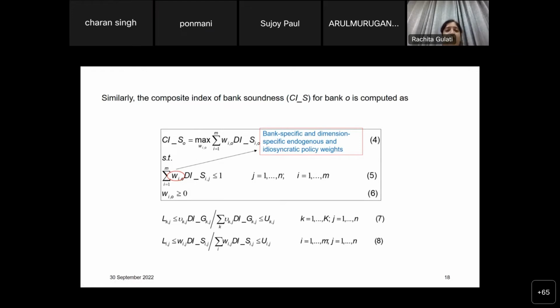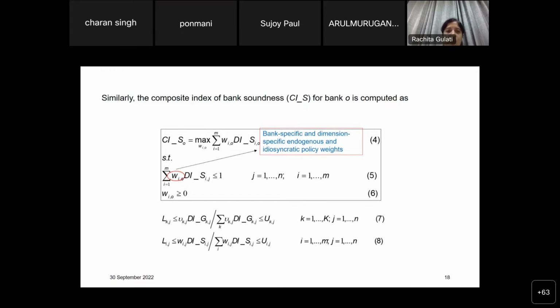The last two constraints, the 7th and the 8th, basically specify the situation in the construction of the index wherein we have imposed additional weight constraints in the model for aggregating the governance dimensions and the model for aggregating the soundness dimensions.